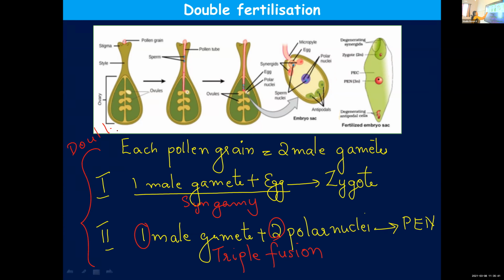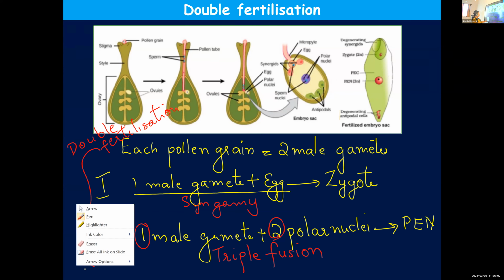Why? Because two fusions are taking place. One is syngamy, resulting in the formation of the zygote, and the second is triple fusion, resulting in the formation of the primary endosperm nucleus. And since two fusions are involved, you call it double fertilization.